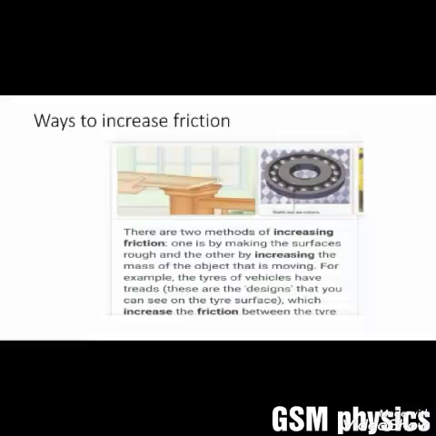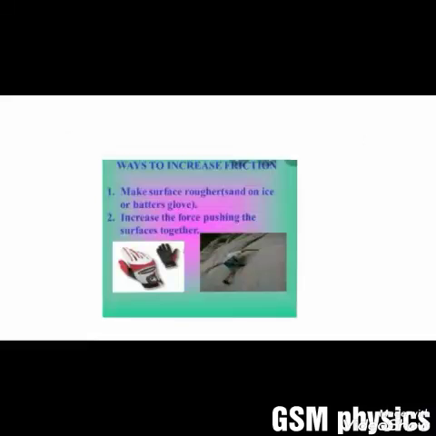See this picture carefully. The tire has a design that increases friction. Second way to increase friction: make a surface rougher. Its example is sand on ice or a battery glove.